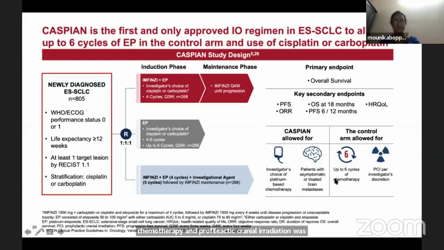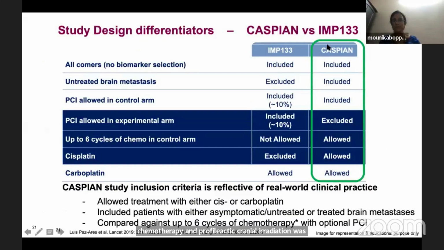So if you look at the differences in the study design between Caspian and IMPAR 133, all comers were included in both the trials. Untreated brain metastases were excluded from IMPAR, whereas Caspian included them.